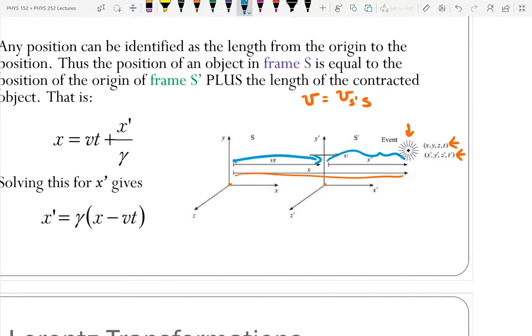And so he says that the distance is equal to vt plus x prime over gamma. Why over gamma? Different reference frame, the ruler the other guy measures is shortened to him, so you've got to take into account the length contraction.